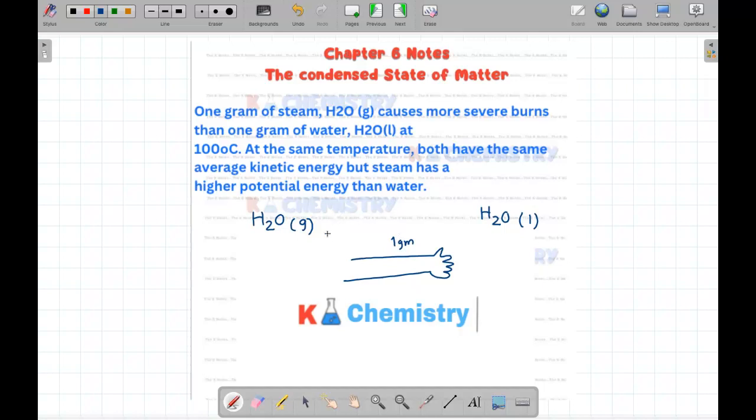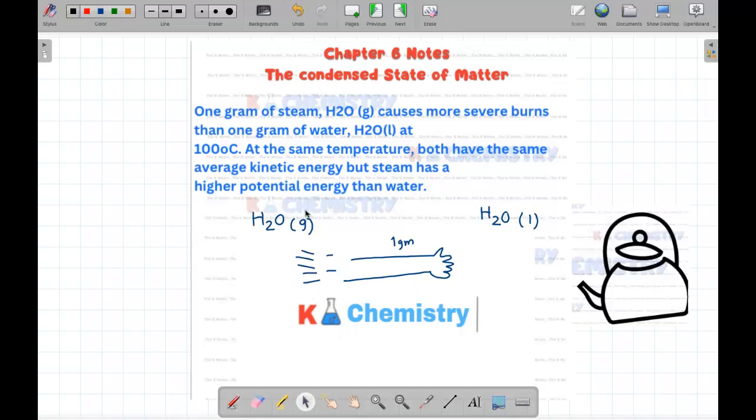But if you are exposed to 1 gram of water in the form of steam, like if you have a kettle that is producing hot water and this steam came to your arm, this will cause more severe burns. Why is that?